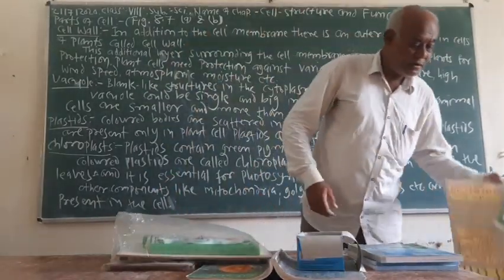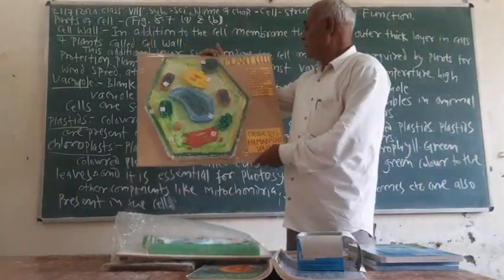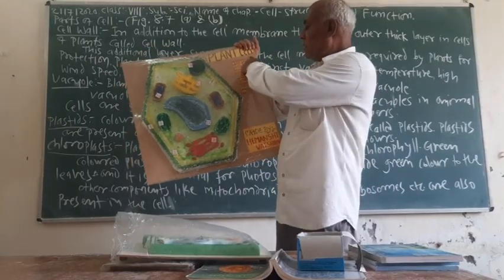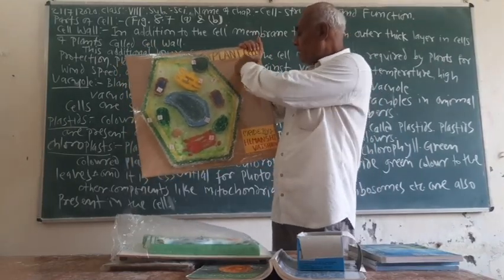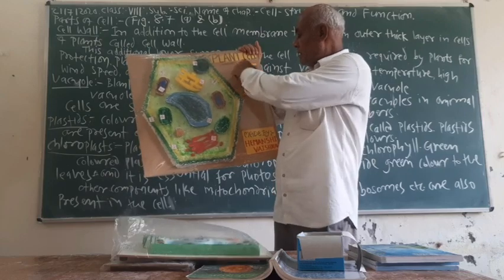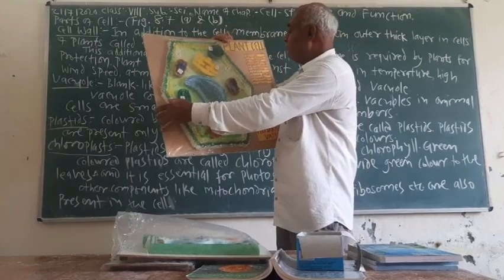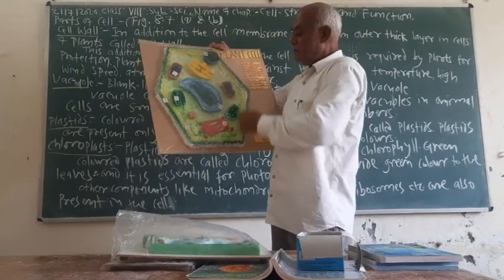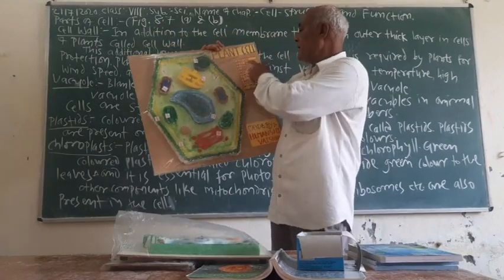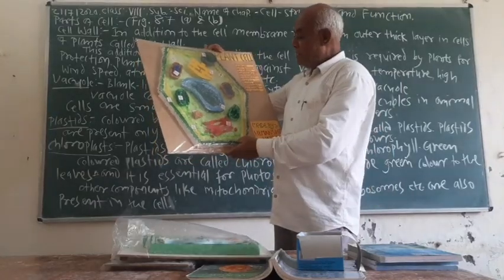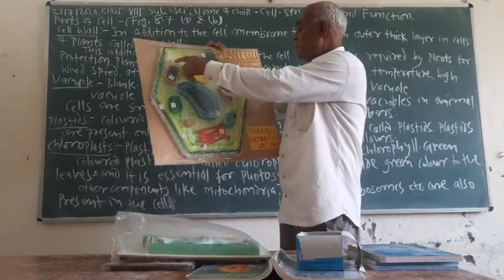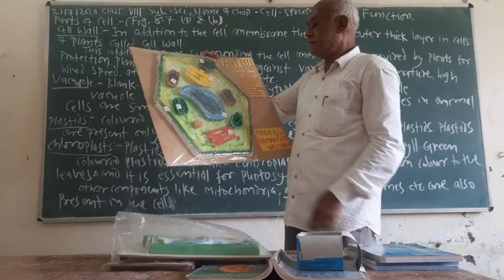Like this, one more plant cell model. All components of the cell are numbered here. Number 1 is the cell wall. Number 2 is the cell membrane. Number 3 is the cytoplasm.